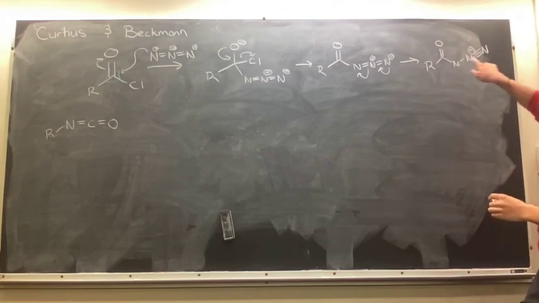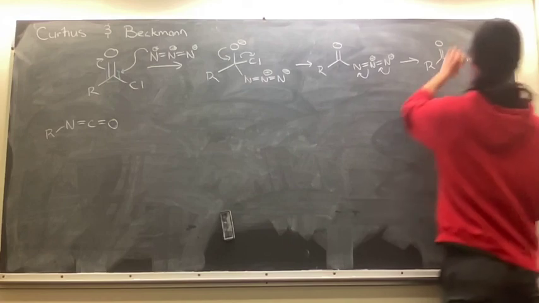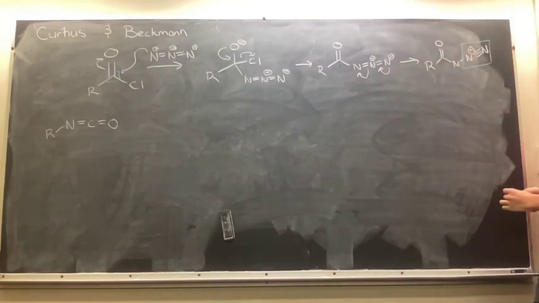As you can see, we are already close to the N2 leaving group right here. I'm just going to highlight it. We just need to find a way to break this bond and send one to that nitrogen.